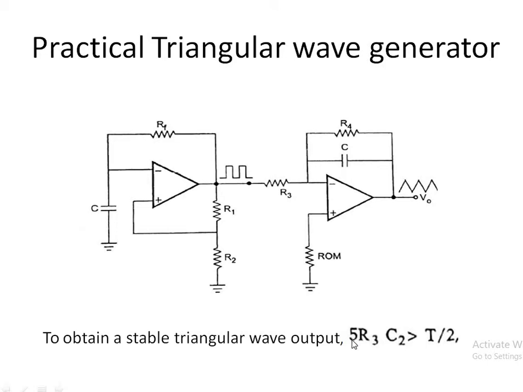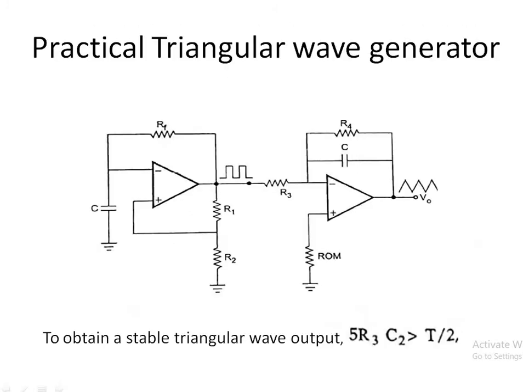Here R3 is this connecting resistance and C2 is this capacitor. So 5 times R3C2 should be greater than T by 2. This condition should be satisfied, then only we will get a stable triangular wave output.